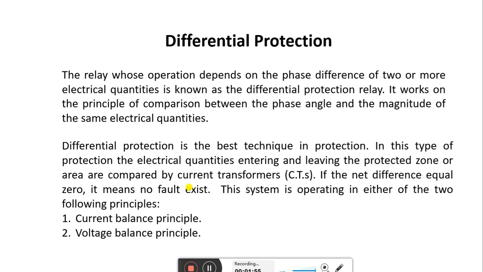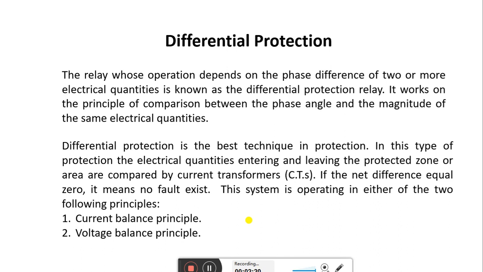So what he is telling is that we are comparing the electrical quantities entering and leaving the protected zone area, and if the same quantity is entering and the same quantity is leaving, it means there is no fault in the system, so the relay will not operate.